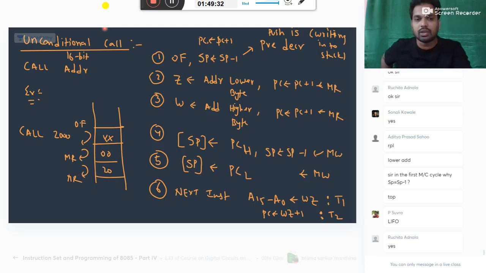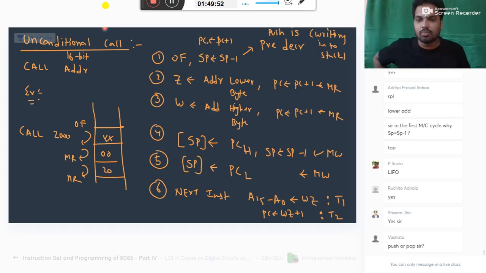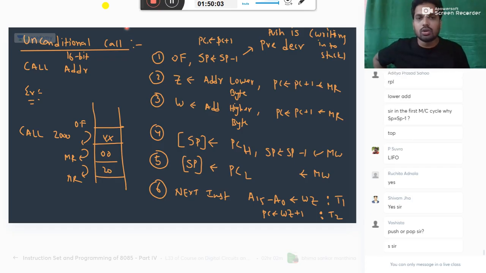Now, how many machine cycles, let us copy it. Push only. If you are writing, it is push. If you are reading, it is pop. When you are writing, push operation. When you are reading, it is pop operation.